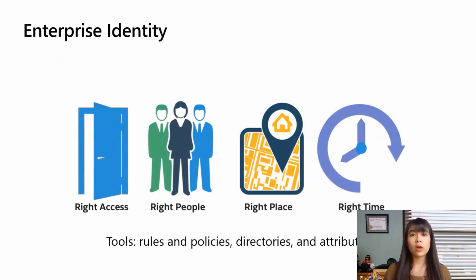When we talk about enterprise identity, it's really about whether the right employees have the right access to the right resources in the right place at the right time. So for example, you're starting an internship in a new company. It's the company's responsibility to make sure you have access to the resources so you can start doing your job from day one without accidentally having access to any confidential information, and also that you lose that access to the resources when you leave and finish your internship.